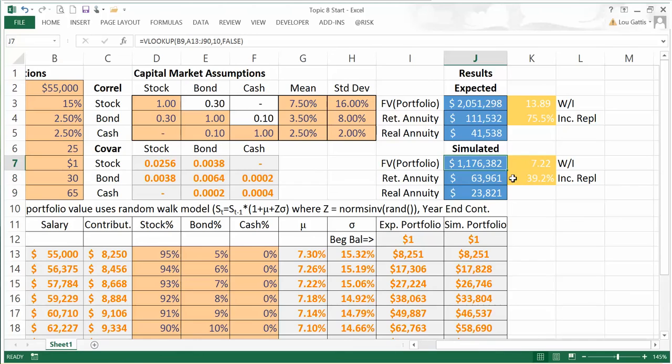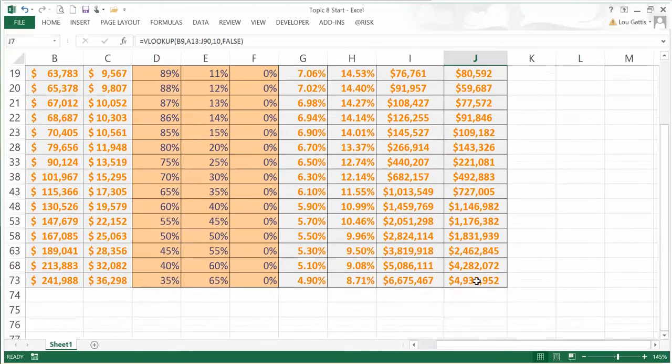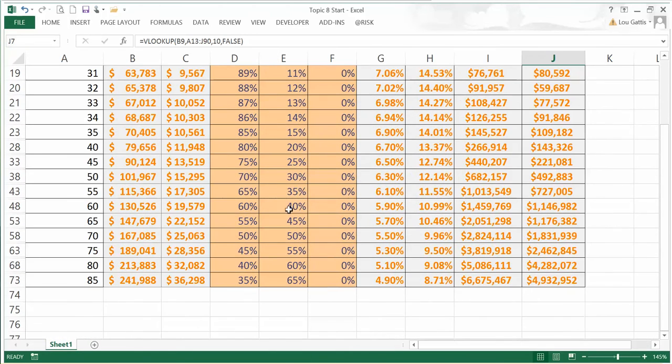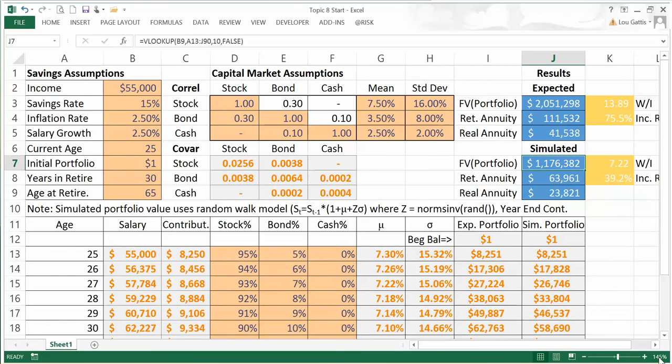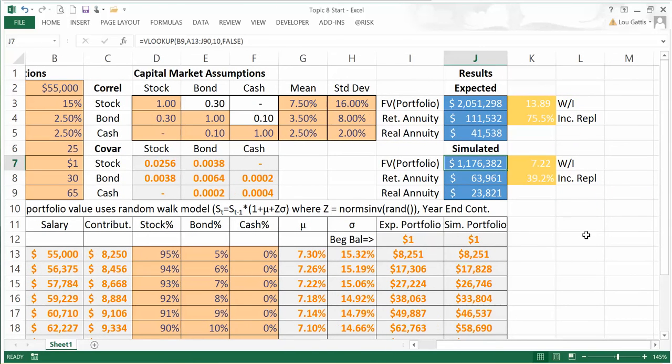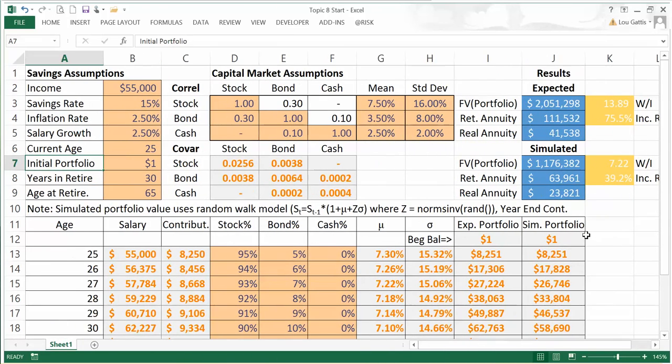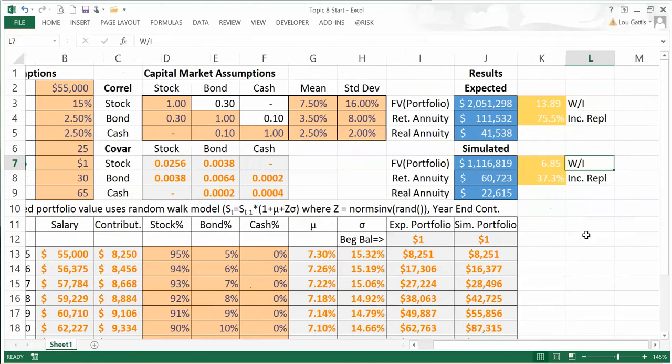Alright, so 1176 is now my age 65 random number. So every time I hit F9, I'm going to get a new random simulated portfolio value.